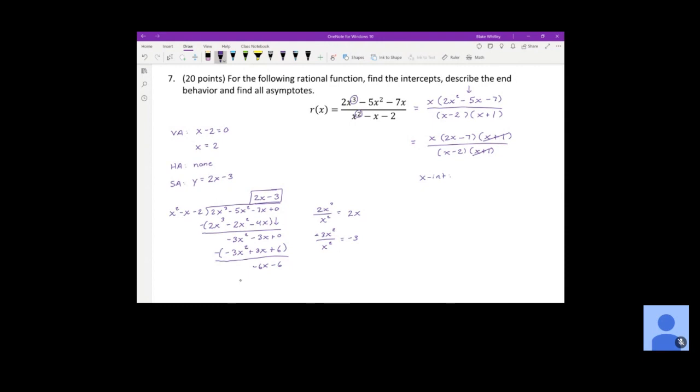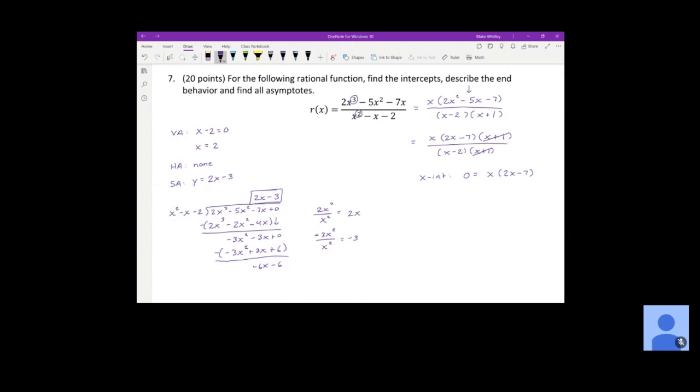So we let y equal 0 in this case, so that's going to be 0 equals. Now, for this fraction to be equal to 0, that means the numerator needs to equal 0, right? We don't care about the denominator because we already found the asymptotes for this. So it's just going to be the x times 2x minus 7 has to equal 0 now. And again, we don't need the x plus 1 because that factor canceled out, so we know there's going to be a hole there that cannot be an x-intercept.